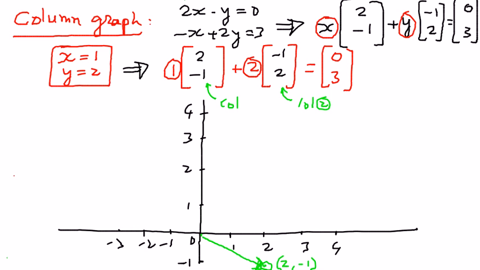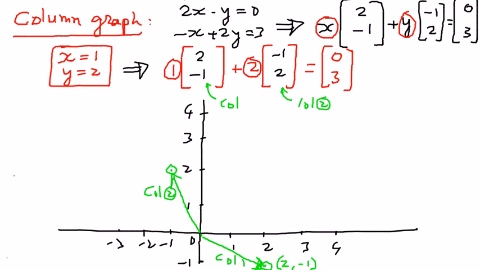We go negative 1 on the negative x-axis and 2 units on the top. That is going to be the point, and therefore we join it with a line like that, and this is column 1 and this is column 2.